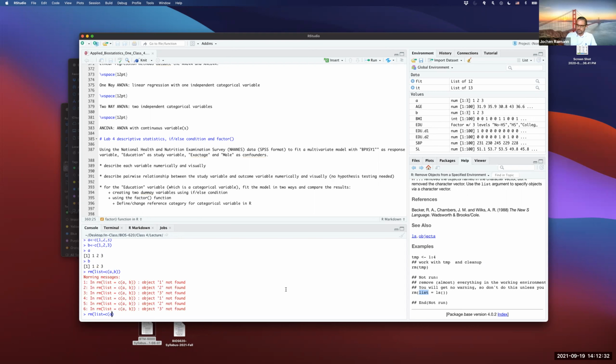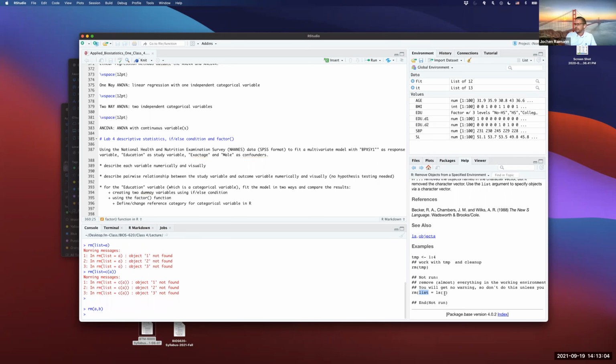Okay, so that was not good. list equals a... now I'm missing a bracket. Okay, list equals c(a... object not found. So this seems to be a little bit more complicated. Anyways, rm(a, b) will delete our a and b.